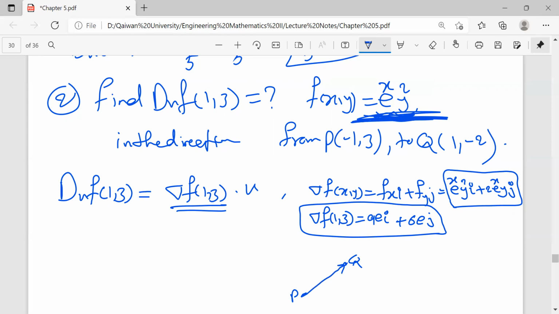Let's say V equals the vector that we get from Q minus P. Q minus P: 1 minus 1, and -2 minus 3. Do you get that? Okay.